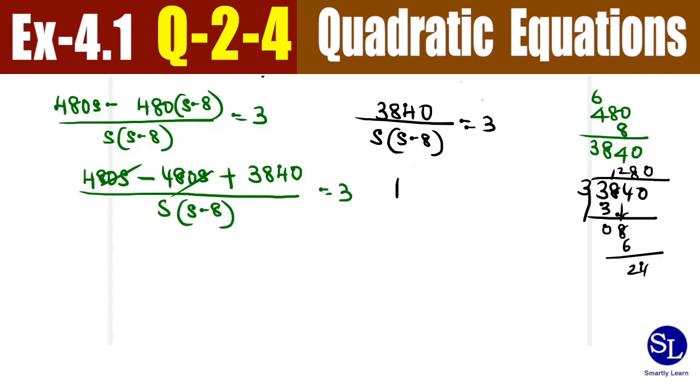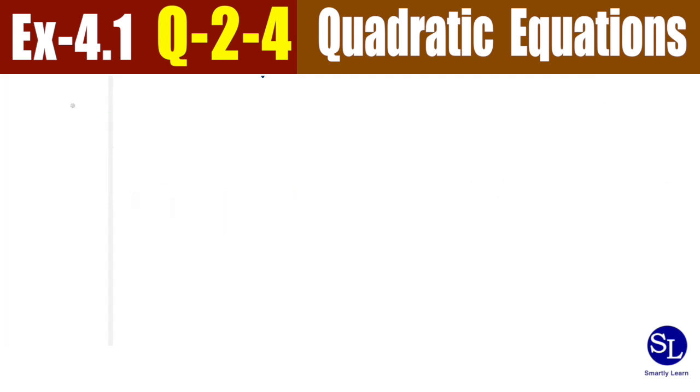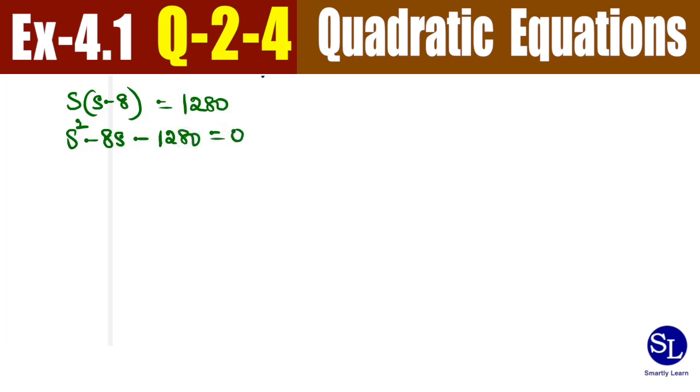So this is 1280 by s into s minus 8 is equal to 1. So now comes our quadratic equation. So s into s minus 8 is equal to 1280, or s squared minus 8s minus 1280 is equal to 0.